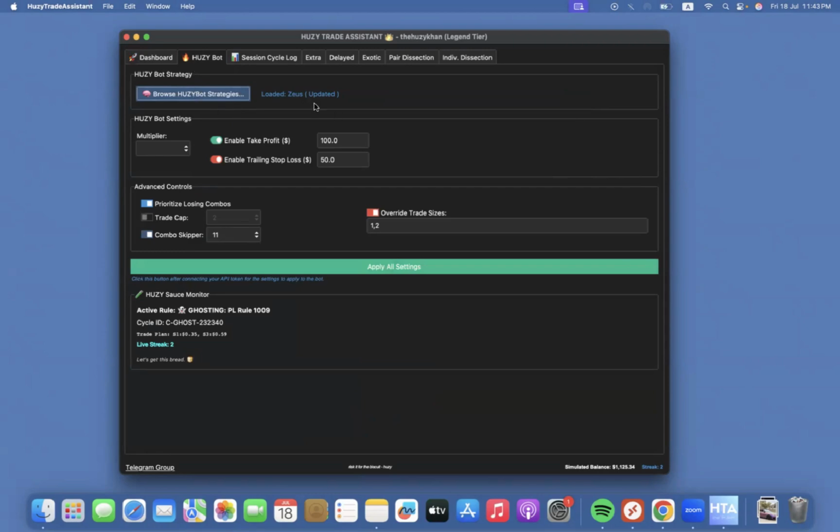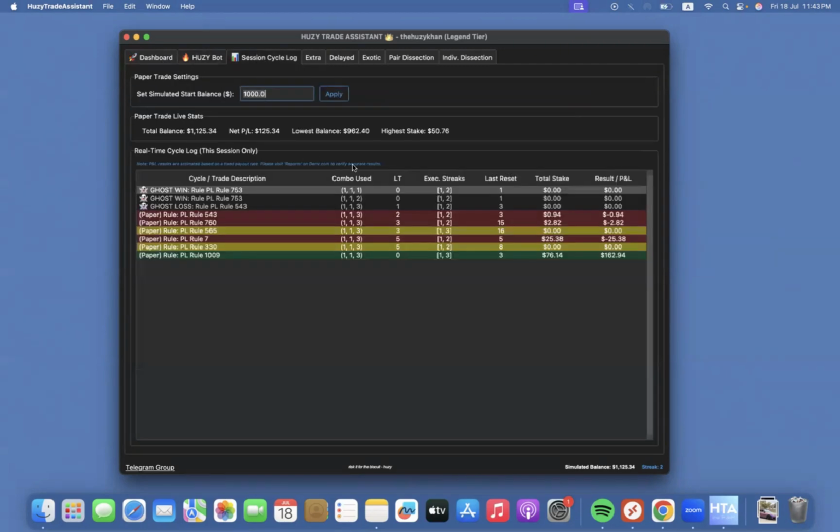The one thing you also need to understand is all of these strategy packs have different rules, so their numbers are going to be different, and their trade frequencies and the values you're going to see are going to be different over here at the session cycle log, where you get to see the stats of how your current run is performing.